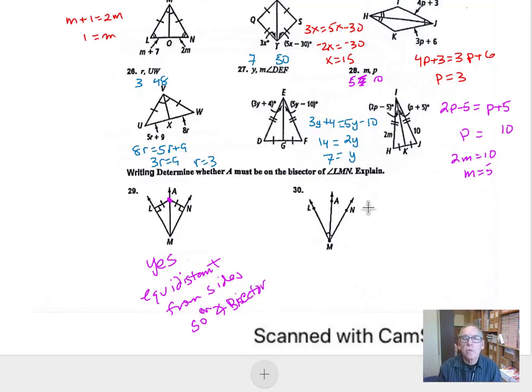Now let's look at this other one. They're showing that this angle and this angle are congruent to each other, which means that MA is an angle bisector.